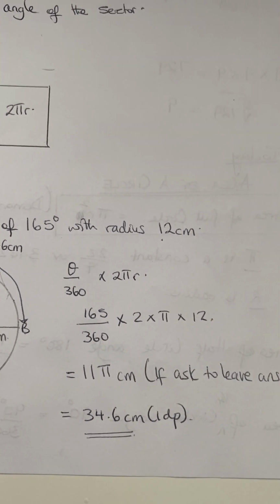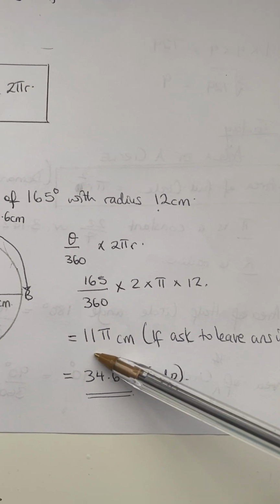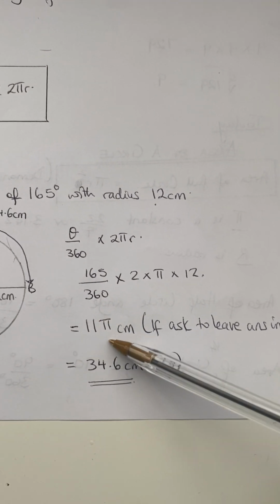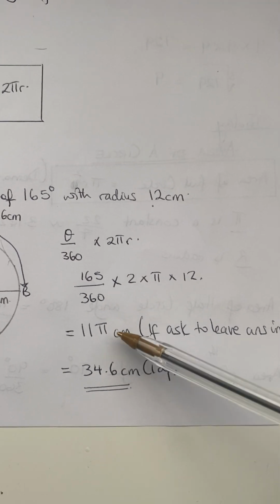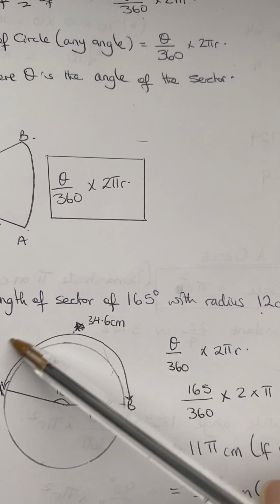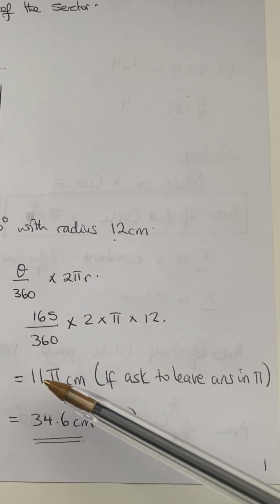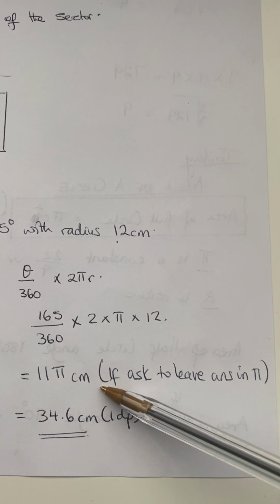When I use my calculator, I got 11 pi. If they ask you to leave your answer in pi, then this is okay. Arc length is in centimeters, so the answer will be 11 pi centimeters.